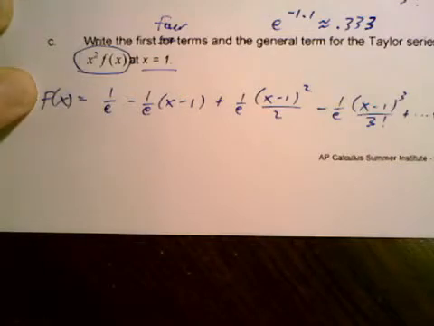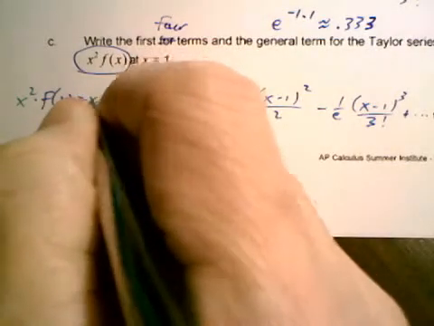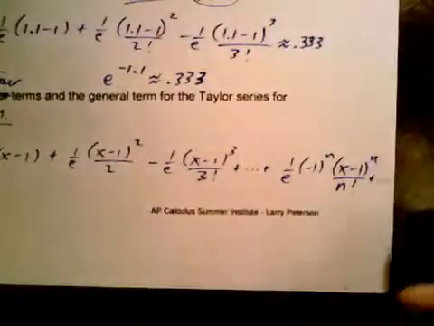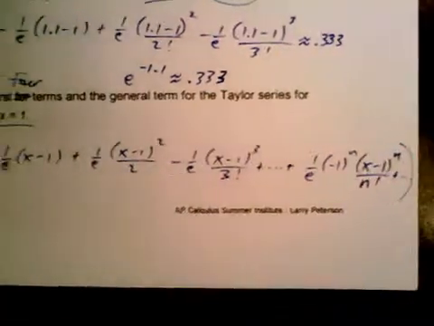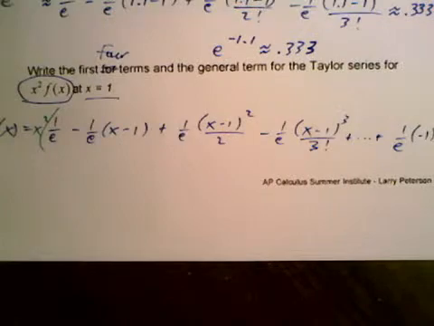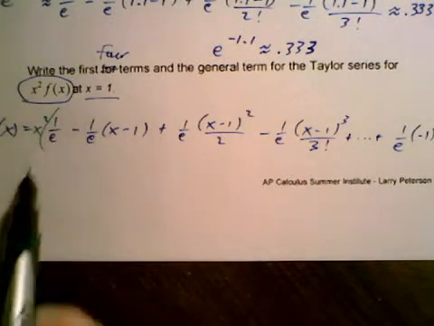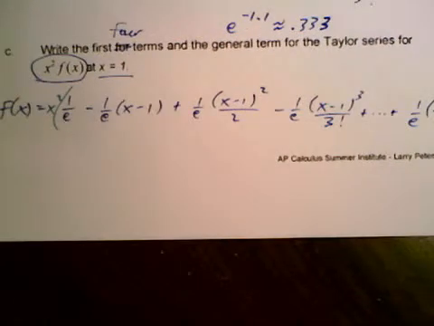if we're going to multiply x squared by the f of x, that means we can multiply the x squared by the existing infinite number of terms. It's kind of cool that we can do that. We can multiply an infinite number of terms by x squared, and we just have to see the pattern.